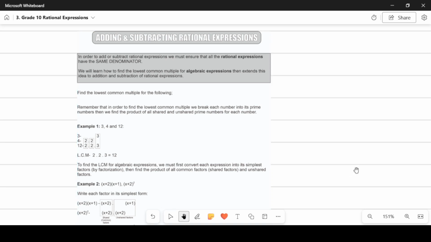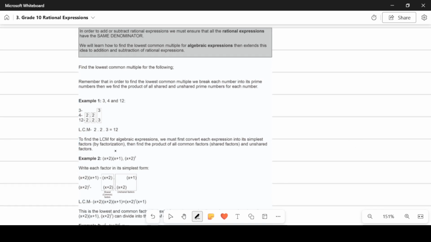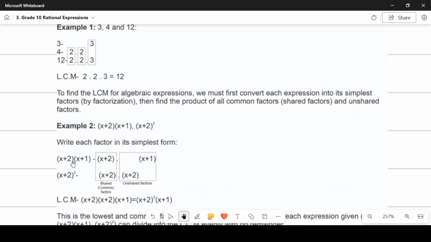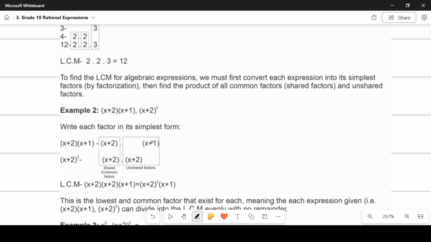So let's take an example here, right? If you're given x plus 2 times x plus 1, and you're given x plus 2 all squared, to break x plus 2 times x plus 1 into its factors, it'll just be x plus 2 times x plus 1. To break x plus 2 all squared into its factors, it'll be x plus 2 times x plus 2. So then we can group our shared and unshared factors.